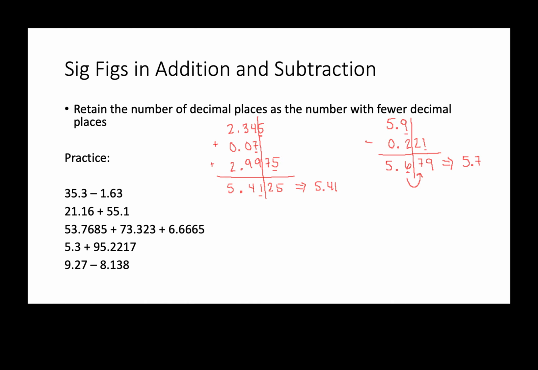A few words of advice. You're going to want to remember to follow the order of operations. For multi-step problems, make sure you're keeping track of the significant figures for each step, even if you're not rounding there.